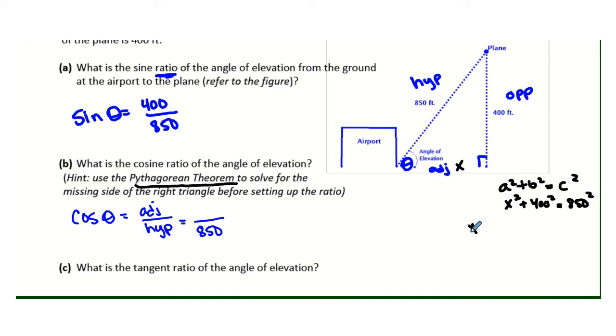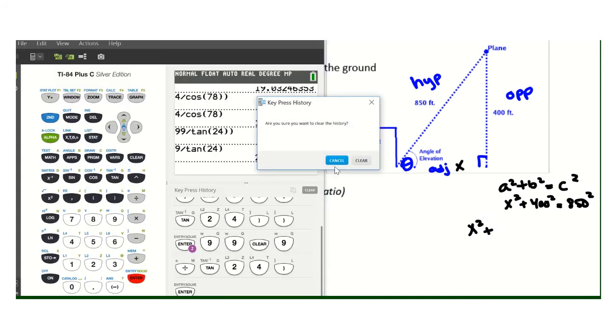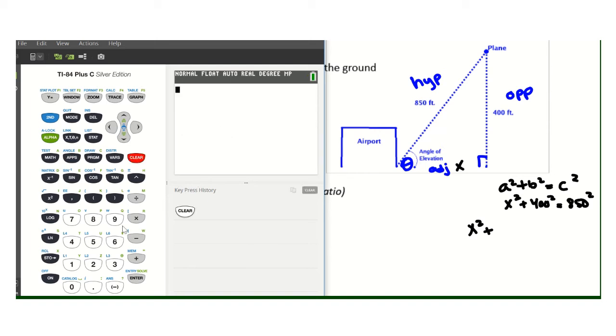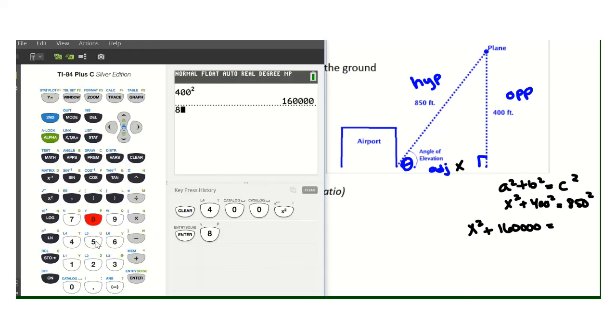So now I'm going to have x squared plus 400 squared is 160,000, and 850 squared is 722,500.